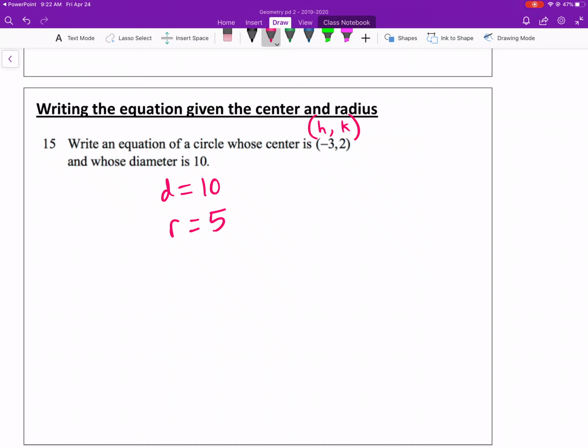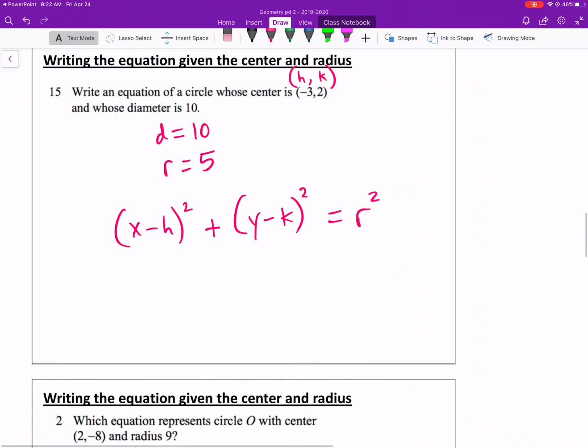You have to remember your equation for a circle. That's not something that's given on a reference sheet or anything like that. It's x minus h squared plus y minus k squared equals r squared. And now when they say minus h and minus k, you're just negating it, which means you're just changing the sign. So if you see positive, you change to negative. If you see negative, you change to positive.